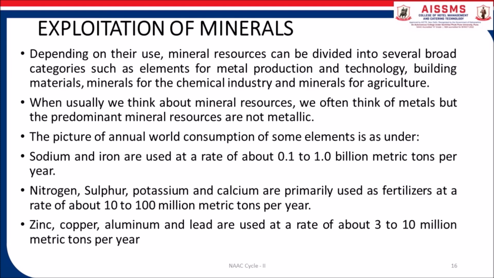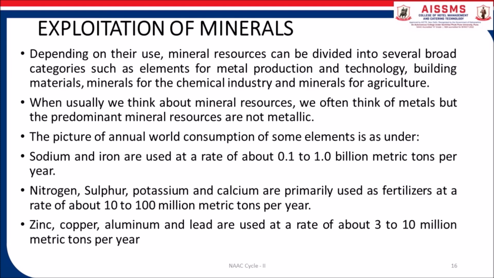The picture of annual world consumption of some elements is as mentioned below. Sodium and iron are used at a rate of about 0.1 to 1 billion metric ton per year.